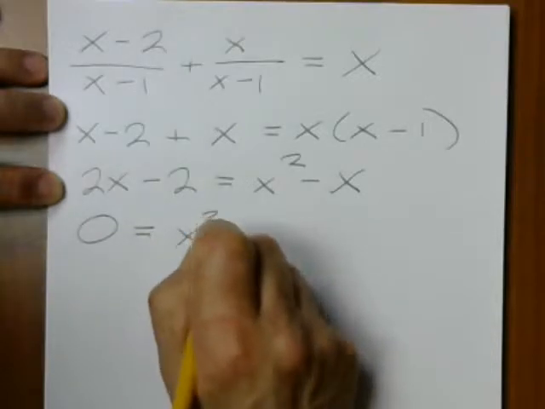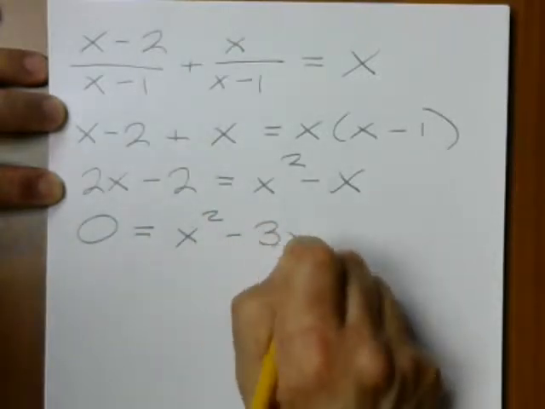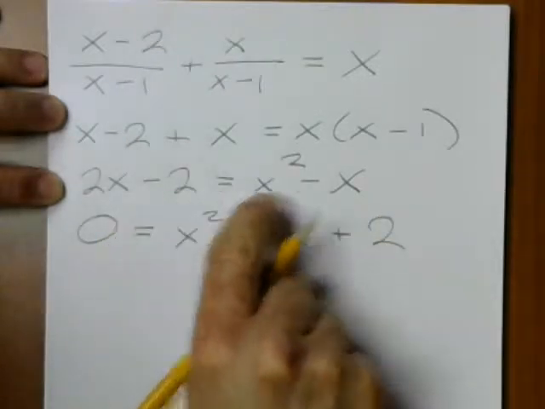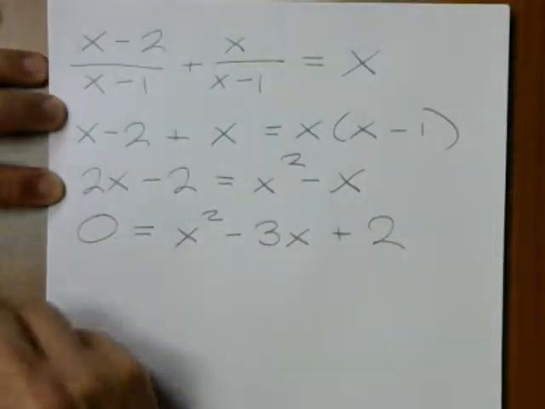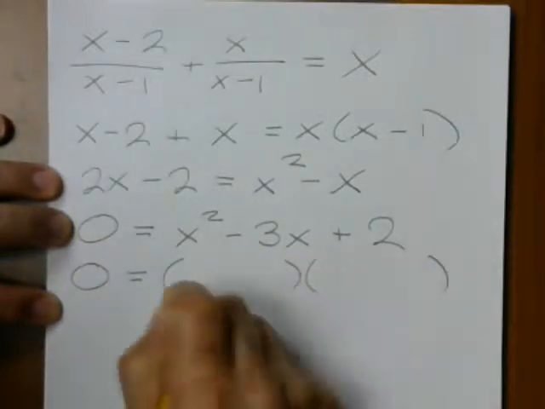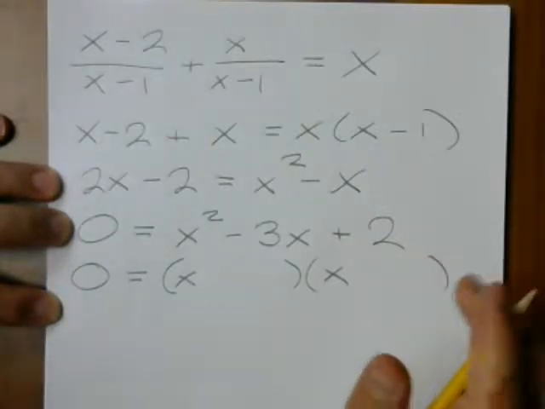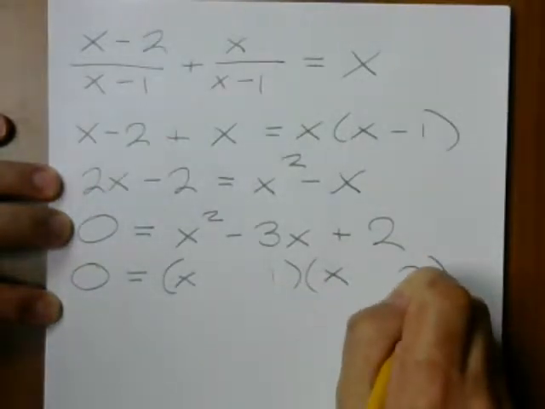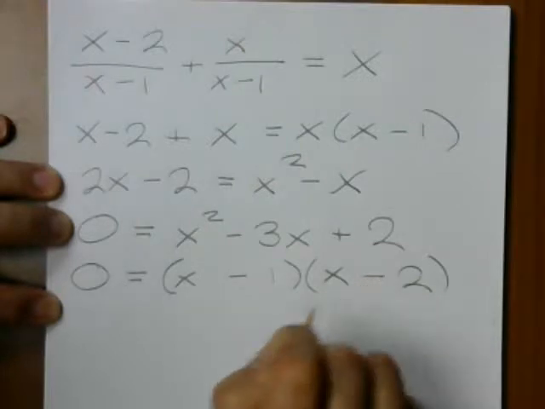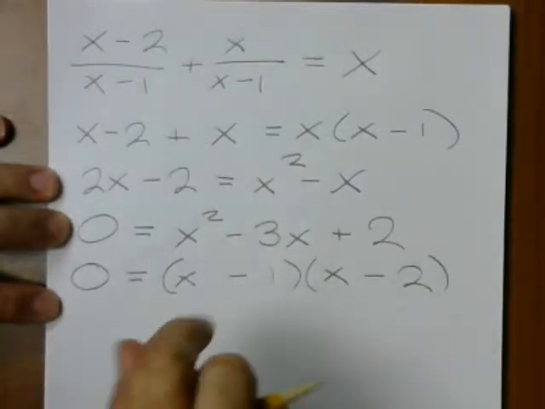If I want to solve this, I can move everything over to the right side. If I subtract 2x there, I get minus 3x. And if I add 2 to both sides, I just get plus 2. Okay, well, if I want to factor this, and I'm looking for some expression in the whole numbers, I'd need a 1 and a 2. And making them both negative will give me that negative 3 once I multiply.